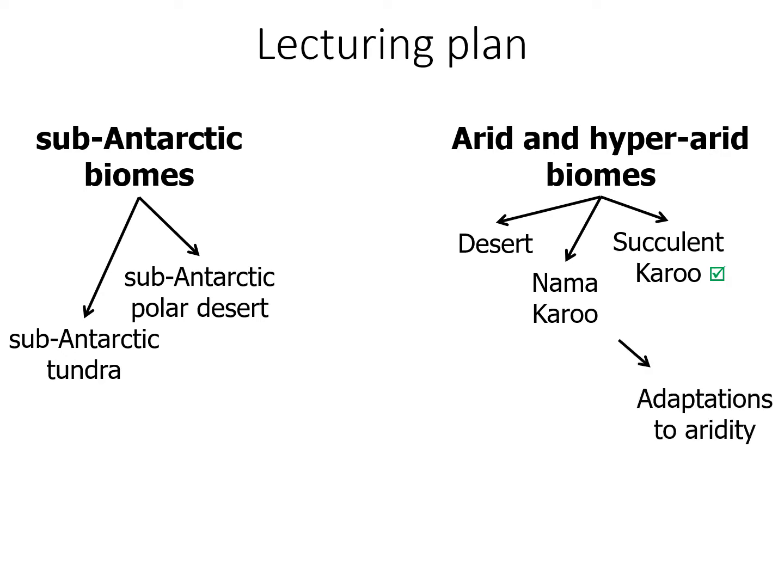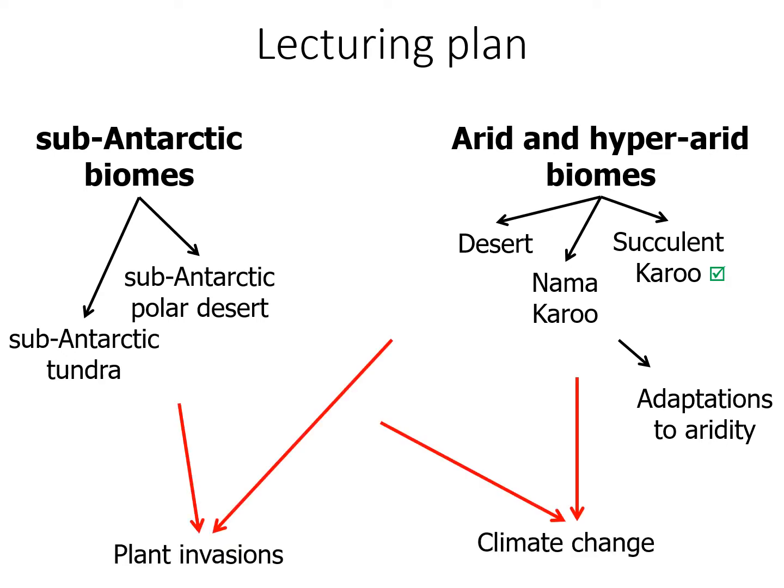We'll then follow that up with a lecture about some of the key adaptations to aridity that allow plants in these biomes to cope with low and unpredictable rainfall, as well as high temperatures. And we'll then focus on 2 specific and important threats to our vegetation and our ecosystems more broadly: biological invasions and climate change.